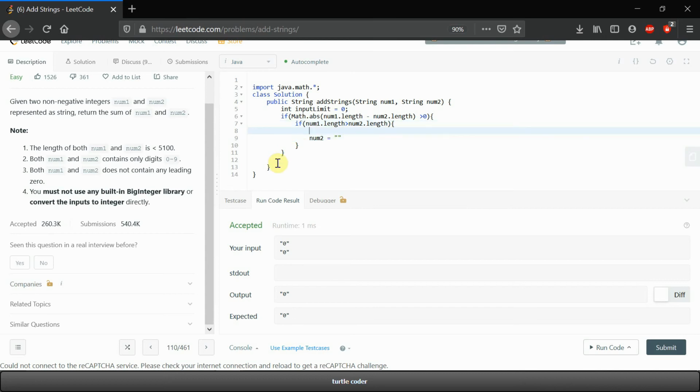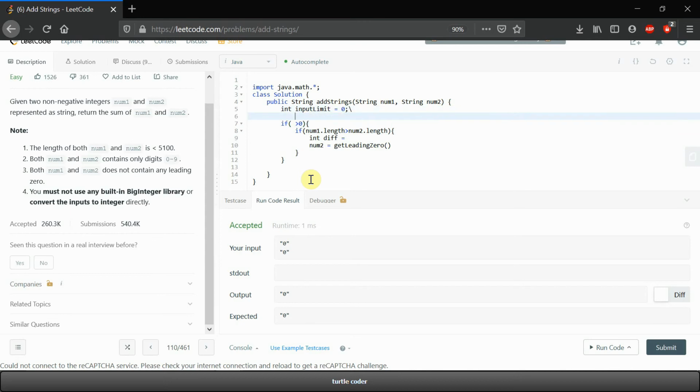So let's define a function getLeadingZeros. It would only return me a string with the number of zeros that I want. So first of all, let's get this difference.